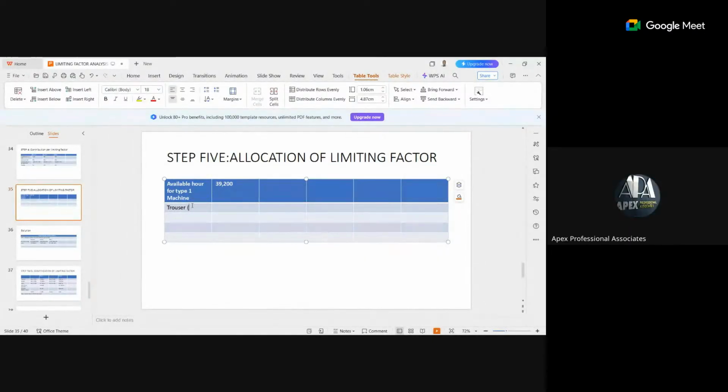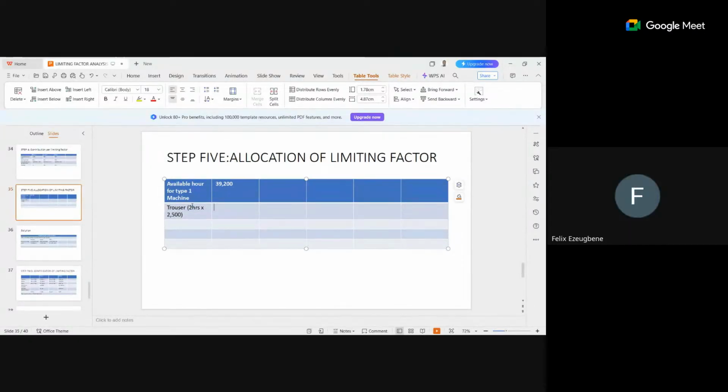How many hours do we need to produce 1 unit of trouser? 2 hours. To produce the whole of 2,500 trousers, we need 5,000 hours. So when you less 5,000 from 39,200, your balance will be 34,200.